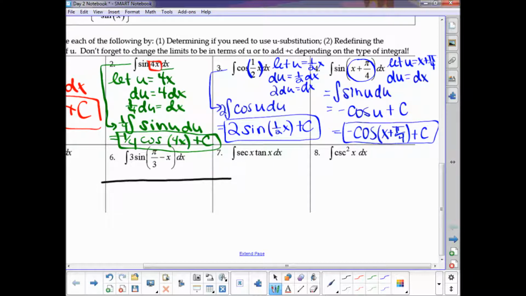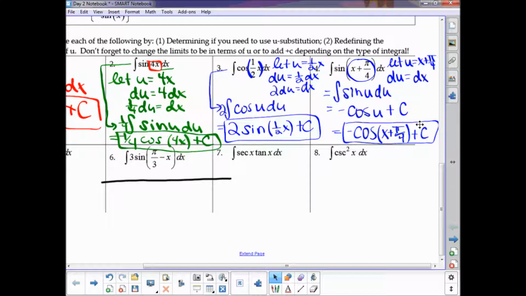Now, take a look at this problem. Yeah, we had something more than just x within there, but would chain rule have really affected us with this problem? When I do chain rule, what is the derivative of that inside? Just 1, right? And when we multiply by 1, that doesn't affect our problem at all.